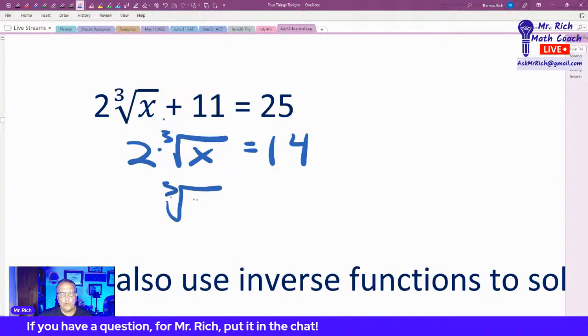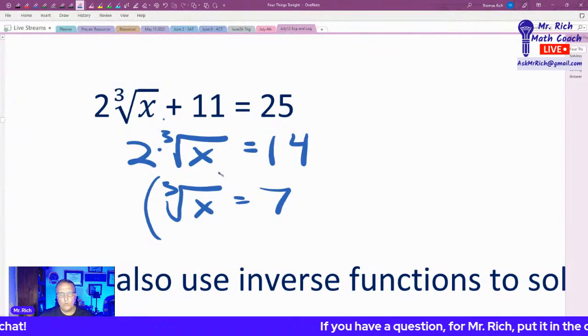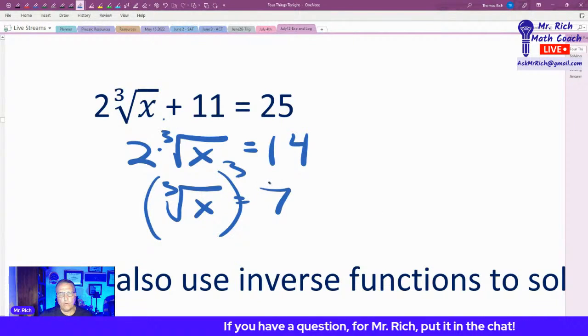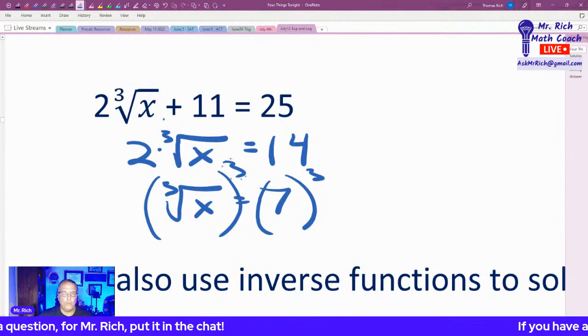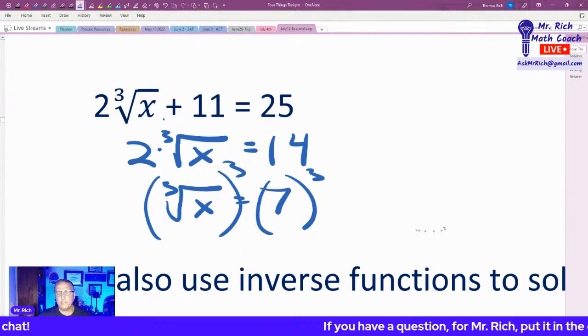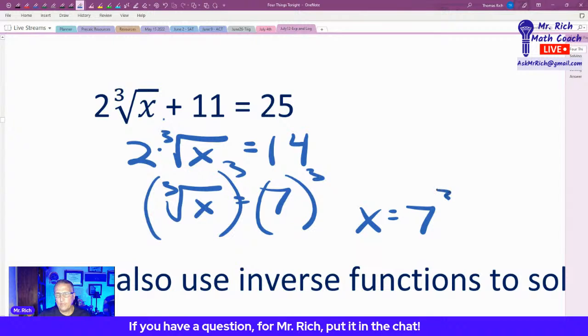That's going to give me the cube root of x is equal to 7. All right, and now the inverse operation would be to raise to a power 3 on both sides. And the act of cubing a cube root, they reverse each other, and this leaves me with a solution of x equals 7 to the third power.